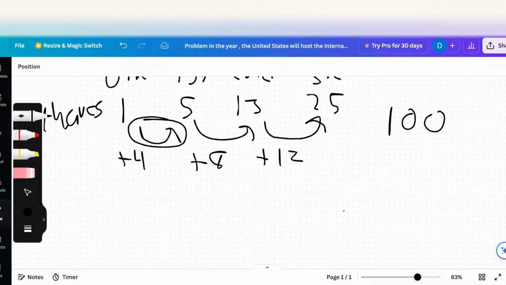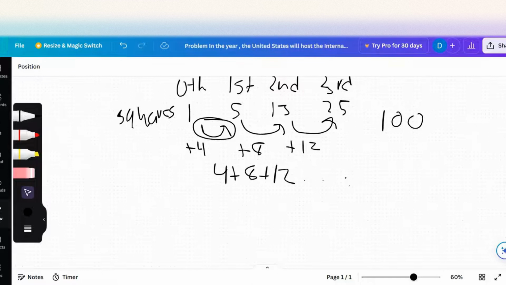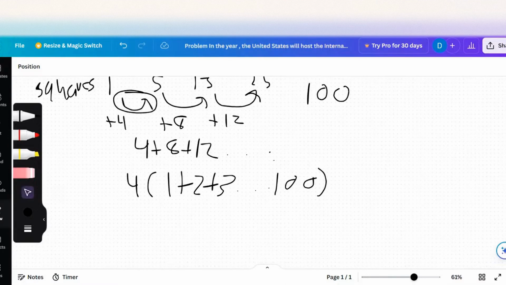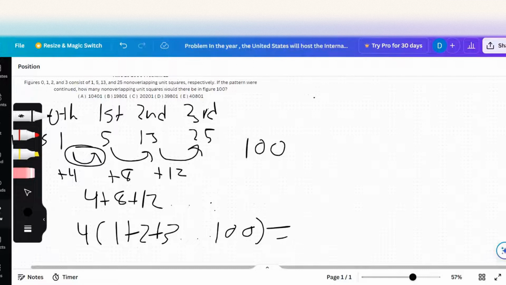So we have 4 plus 8 plus 12 all the way to what 100 might be. And we can simplify this by doing 4 times 1 plus 2 plus 3 all the way to 100. And what does this equal out to? It equals out to 20200.